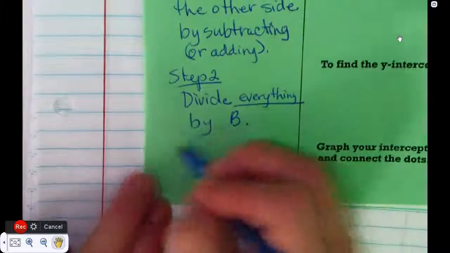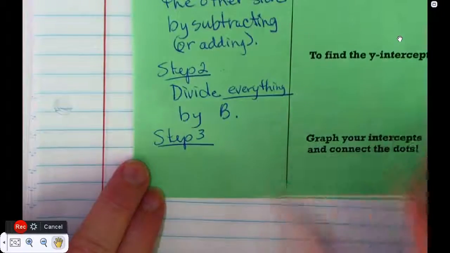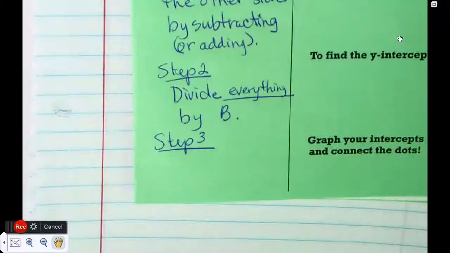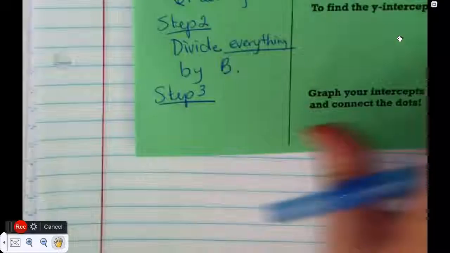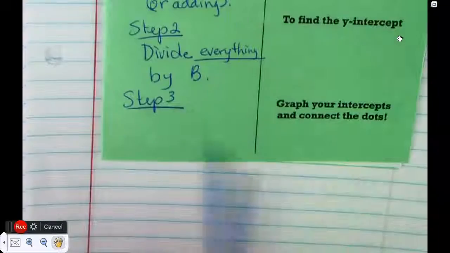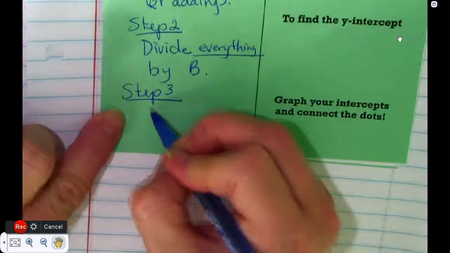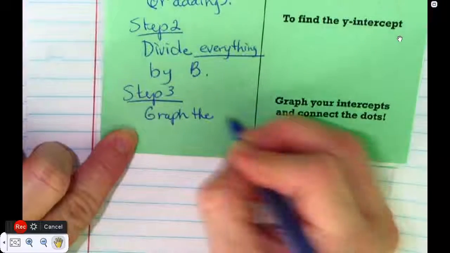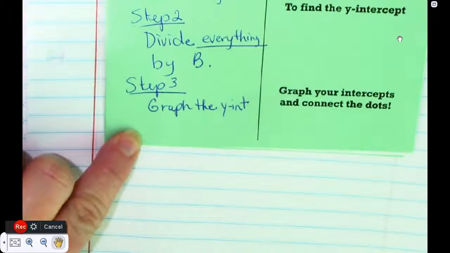Okay. Step 3. So we have it in the y-intercept form. This is where we're going to have to learn how to graph, and we're going to work on that. What you're going to do is graph the y-intercept.